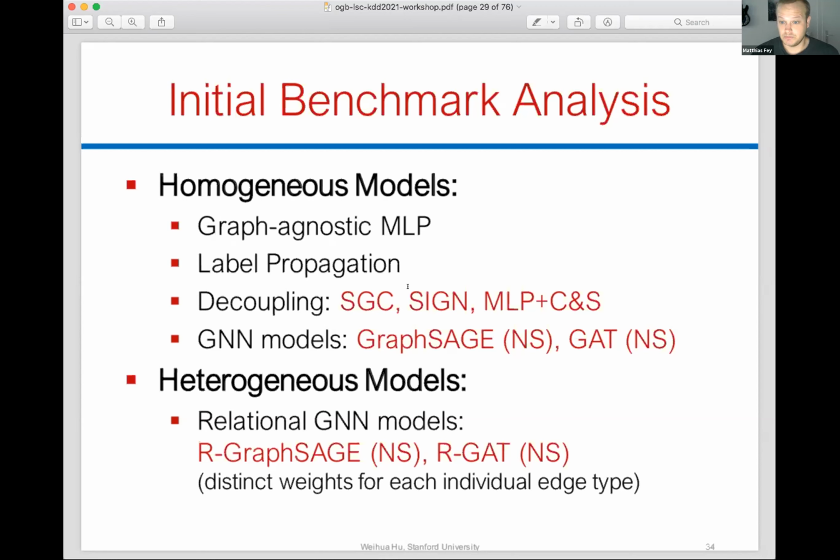We benchmark some simpler variants of graph neural networks that decouple predictions from propagations, namely SGC, SIGN, and the correct and smooth algorithm. And we also make use of GNN models that perform neighborhood sampling, using GraphSAGE or graph attention networks. For heterogeneous models, we convert our GNN models into heterogeneous variants in which we learn distinct weights for each individual edge type.